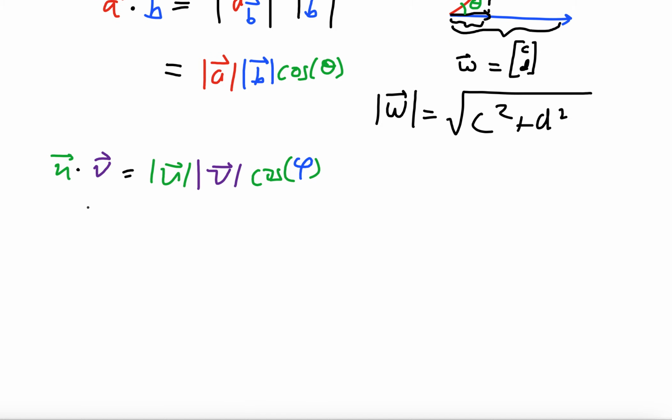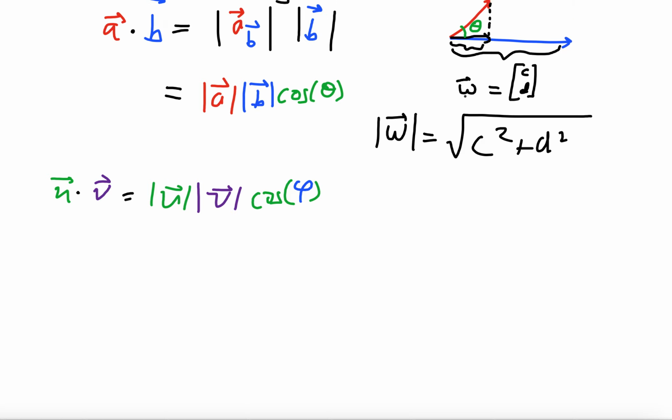You can also express a dot product of vectors algebraically. If you have the vector A as some n-dimensional vector with components A sub i, so A1, A2, A3 for each dimension, and vector B is going to be B sub i, all right?